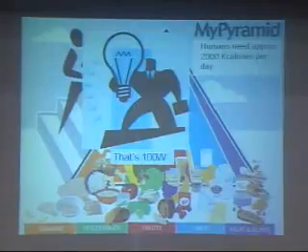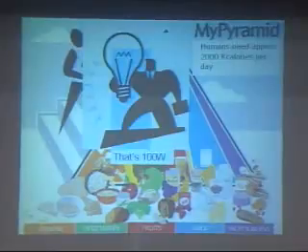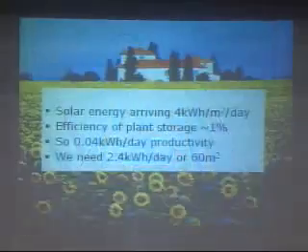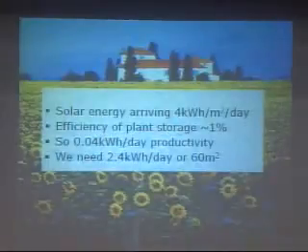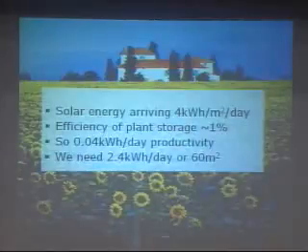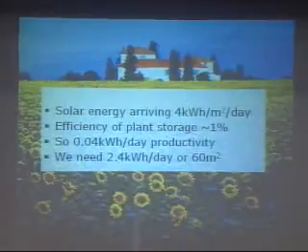So if we know what our energy requirements are, can we see what the limit is of what we can survive using the energy available to us? Well, yes, we can. Because on average, on the world, the land receives about 4 kilowatt hours of solar energy on every square metre every day.